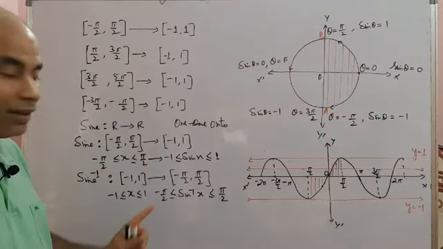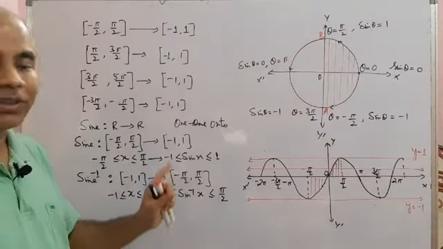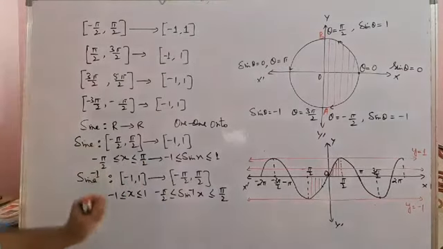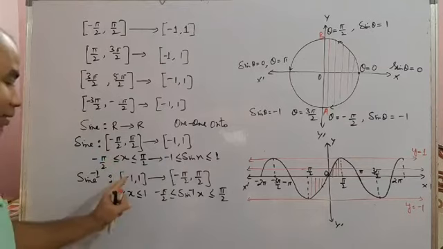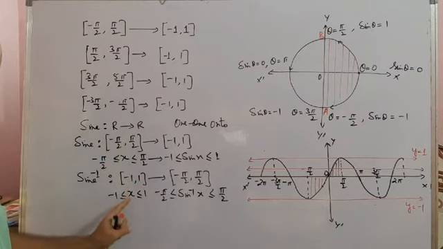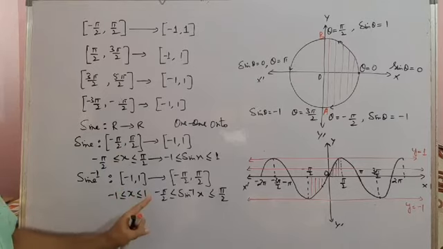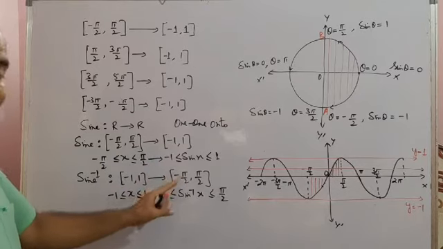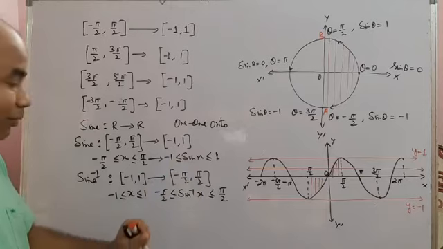Okay, clear now? So this is the inverse of the sine function, and in the inverse of the sine function, the domain is the closed interval minus 1 to plus 1. As a result, any pre-image is a real number between minus 1 and plus 1, and the codomain is the closed interval minus pi by 2 comma plus pi by 2.